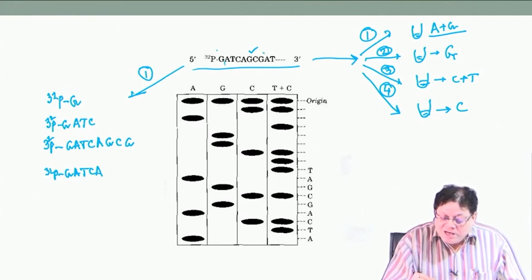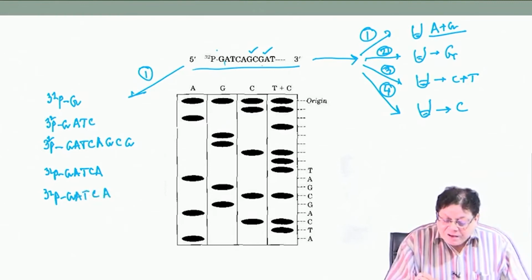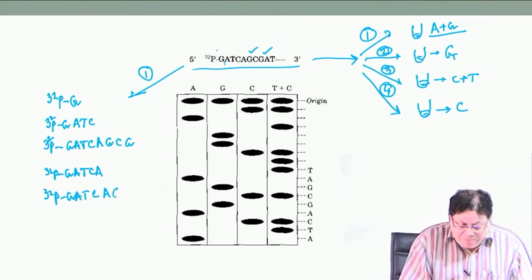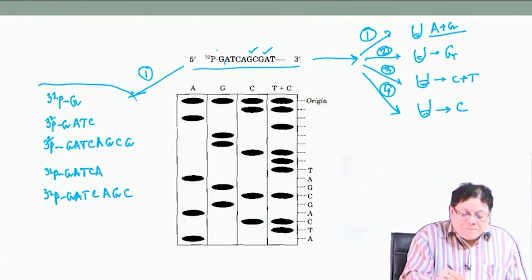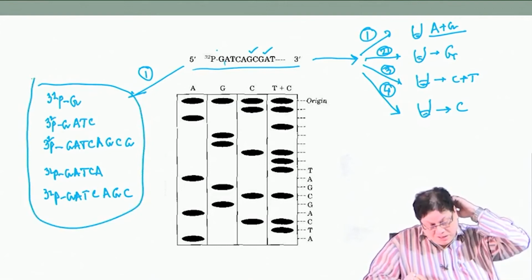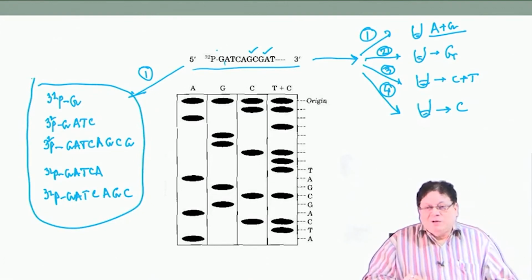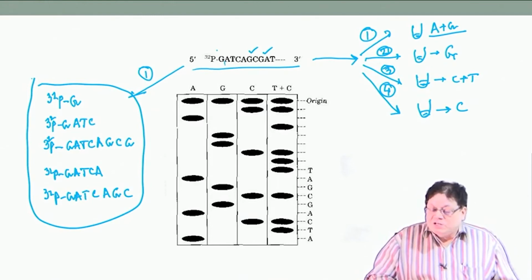But there is one more G here, so you will get 32P G A T C A, and then G and C. So this is the number of cleavage products containing radioactive phosphorus. Again I repeat, containing radioactive phosphorus that you will get in the first test tube.